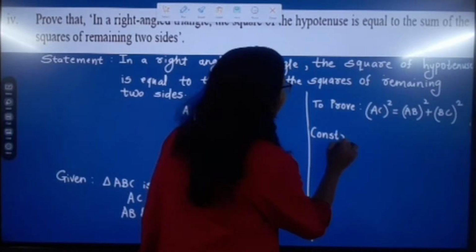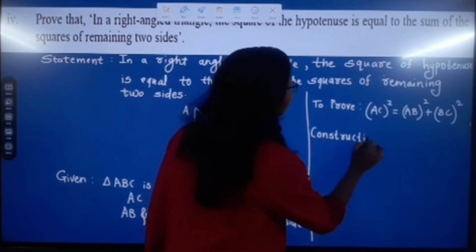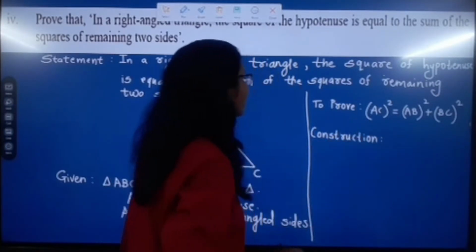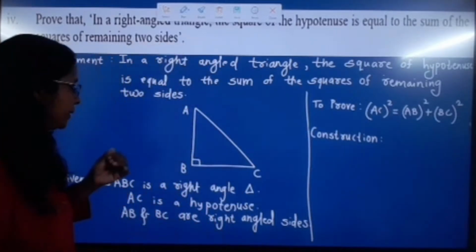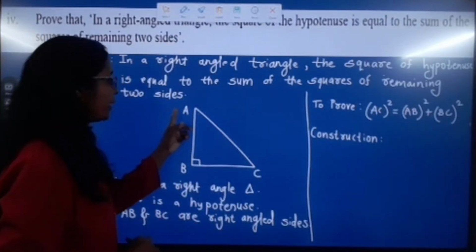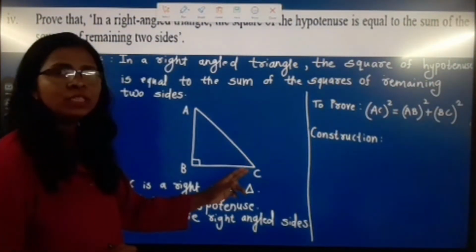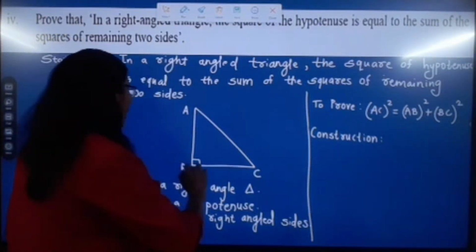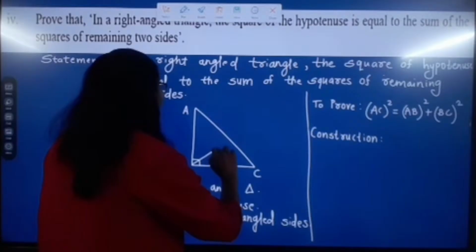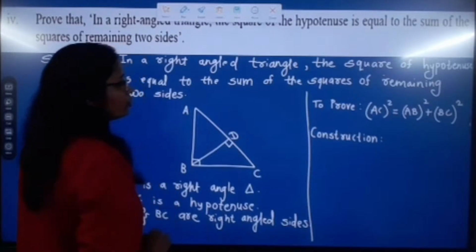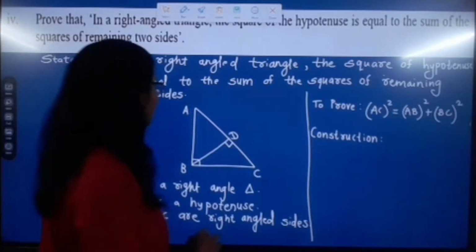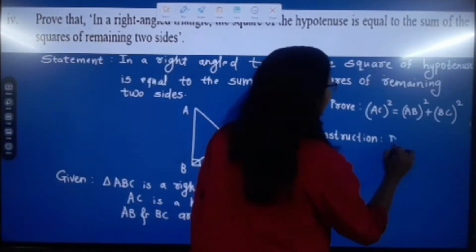The construction is that there is a point D on the hypotenuse, coming from the vertex B, which is perpendicular to AC. So here we write down the construction.